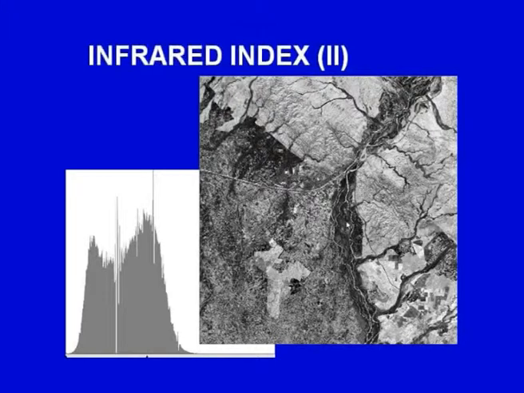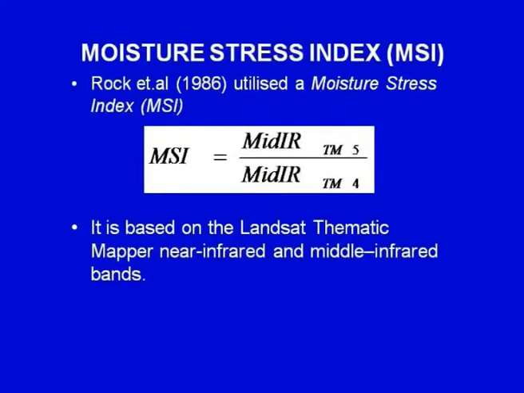The histogram depicts two broad regions of information very distinctly separated by a very small gap. However, this type of separation was not available in any other type of vegetation indices that we have discussed up till now.